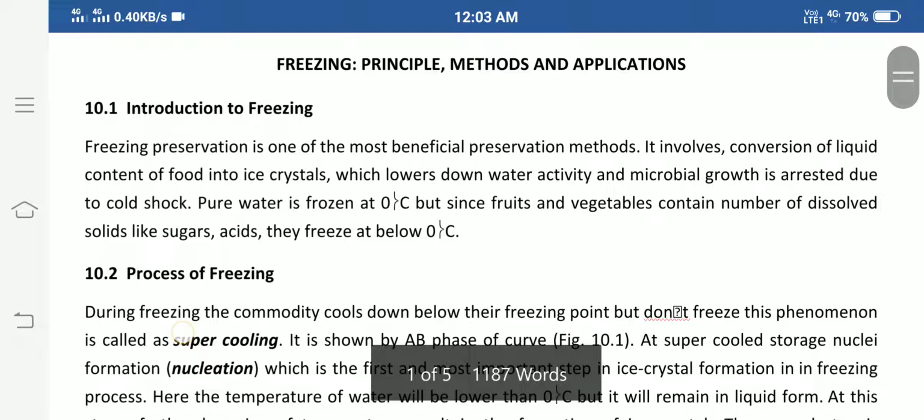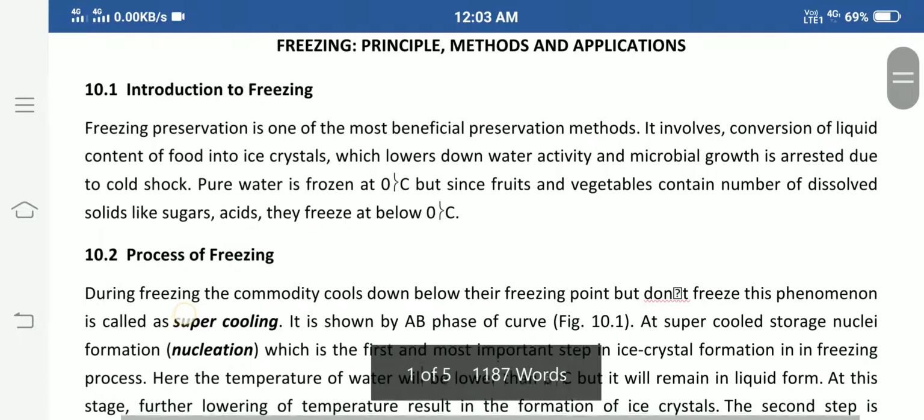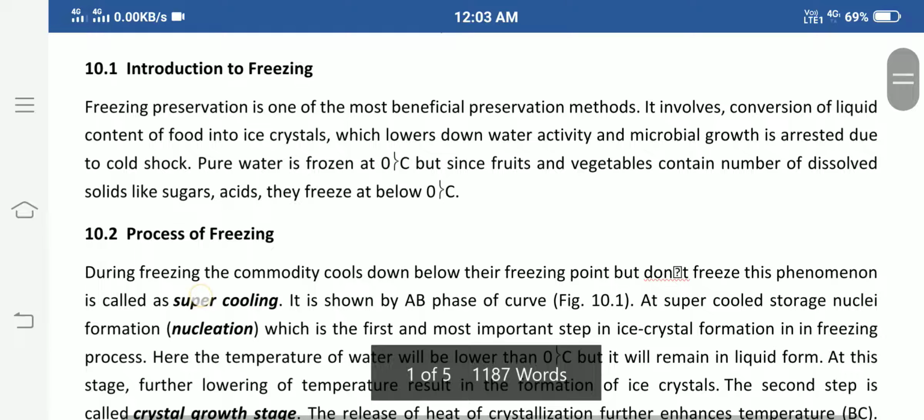The water activity of a food is the ratio between the vapor pressure of the food itself and the vapor pressure of distilled water under identical conditions. Now, what is the vapor pressure?